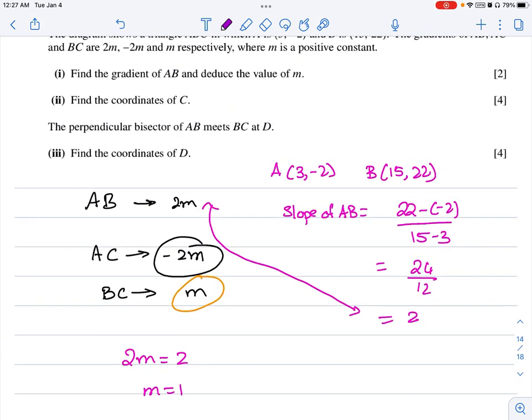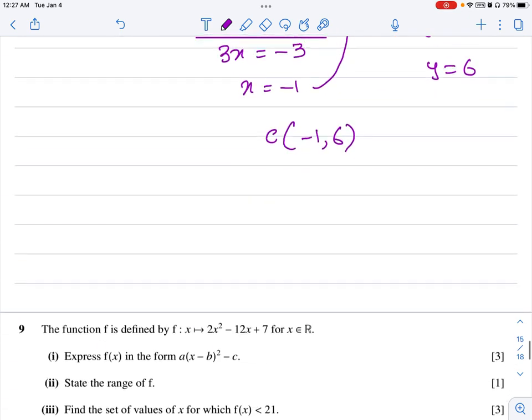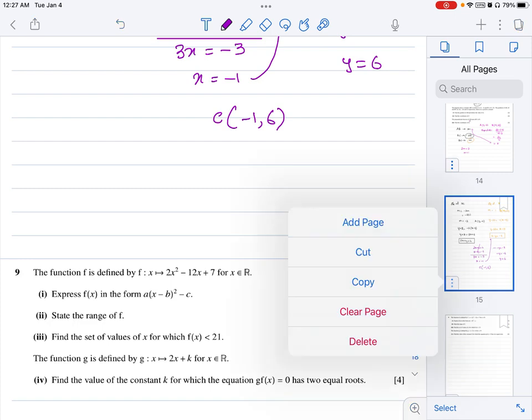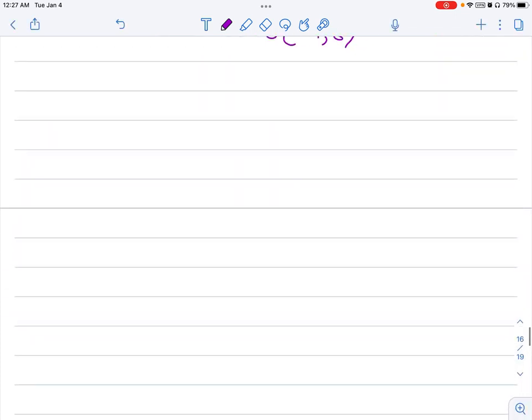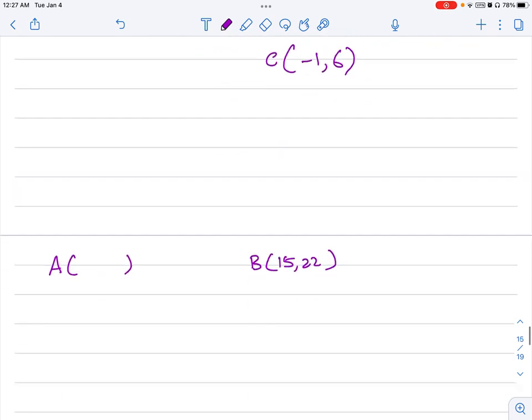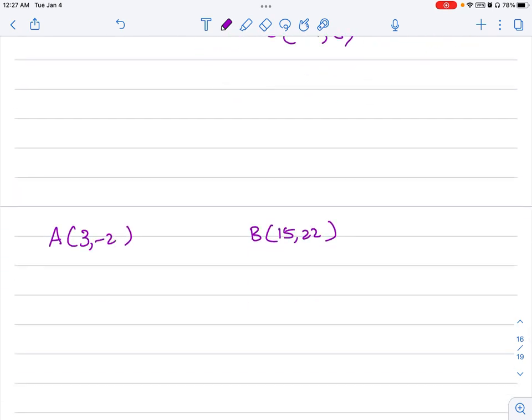The perpendicular bisector of AB meets BC at D. Find the coordinates of D. Perpendicular bisector of AB. A and B: B was 15, 22, I remember, and A was 3, negative 2. Perpendicular bisector means I have to find a midpoint.